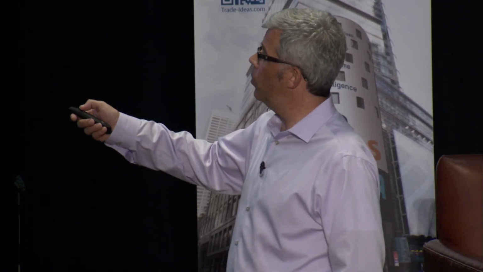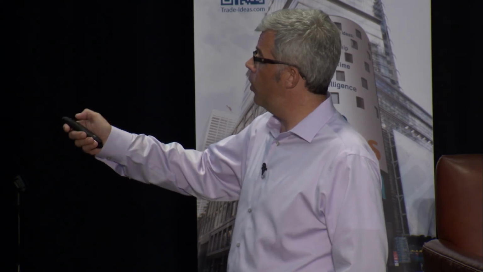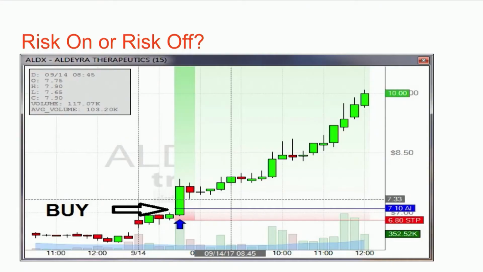Well, the story here was the AI got you into a wonderful buy signal, once again time stamped right there with the arrow, showing people where the AI bought it. And essentially, where this green gradient starts to soften up, that's where the AI exited.